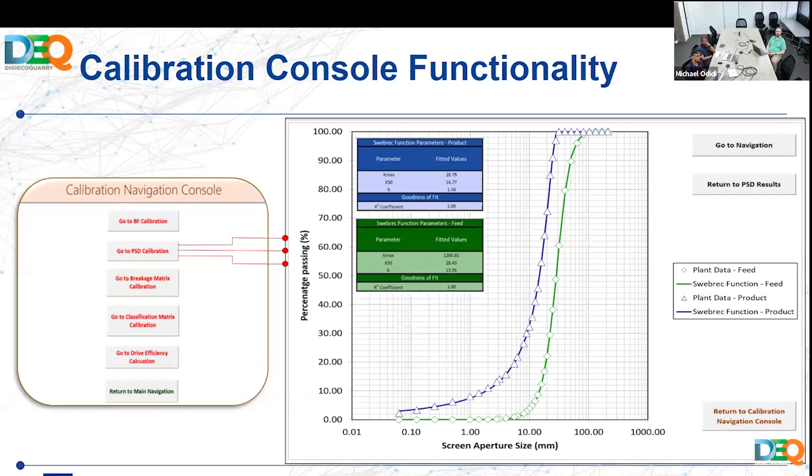The way we did this was to use the SWABREC particle size distribution function and fit the incoming data and generate the parameters, so that we can regenerate the particle size distribution based on the criteria that we have for our model and for our digital twin.